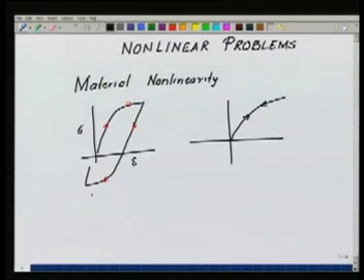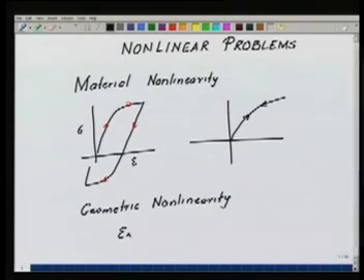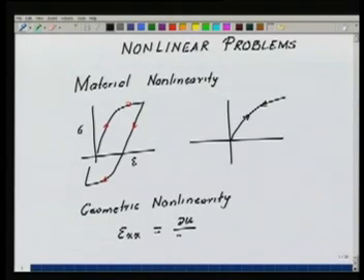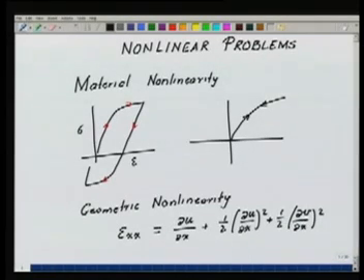You could also have geometric nonlinearities, geometrically nonlinear problems, where the strain is the Green strain, that is, it is a function of not only del u del x, for example, but it will also have the other parts, which is half of (del u del x) whole squared plus half of (del v del x) whole squared plus half of (del w del x) whole squared.